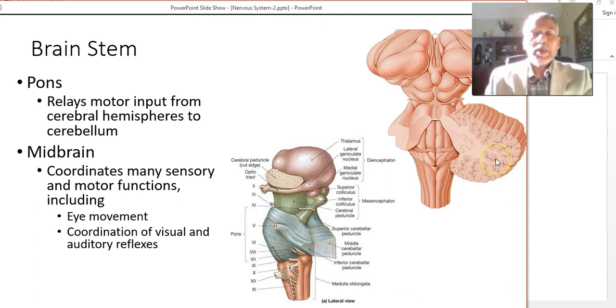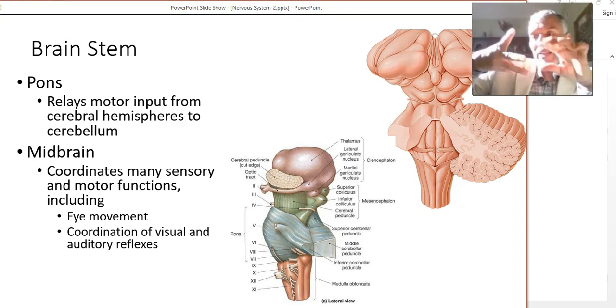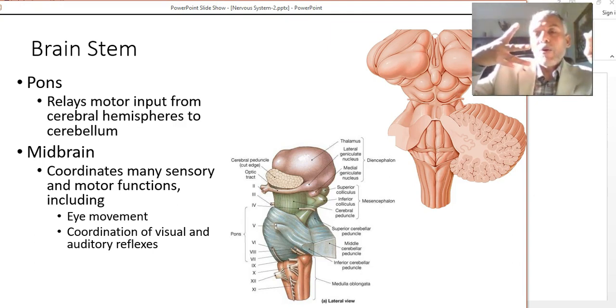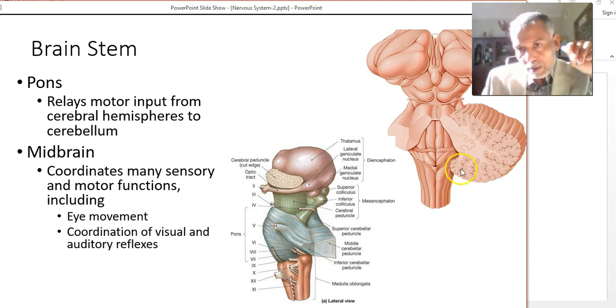The cerebellum is like a brain. And instead of having a spinal cord, it has three big cables coming out that basically carry the axons of all parts of the cerebellum.